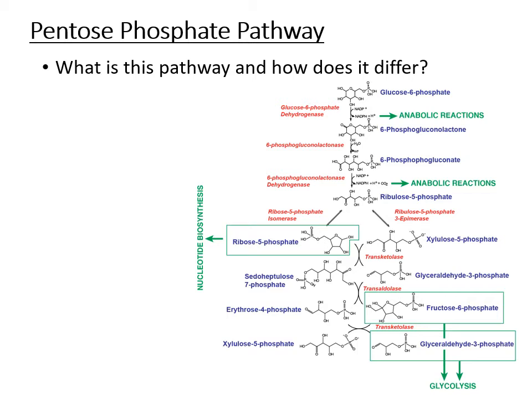NADPH is nicotinamide adenine dinucleotide phosphate, and so it has an extra phosphate group compared to the NADH that you kept hearing mentioned in the glycolysis pathway talks. Okay, so the big difference is emphasized here on the recap slide.